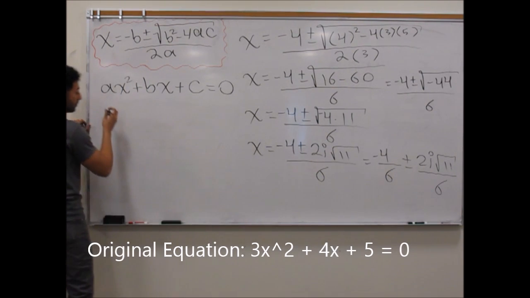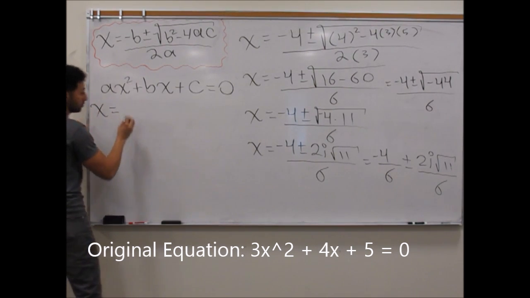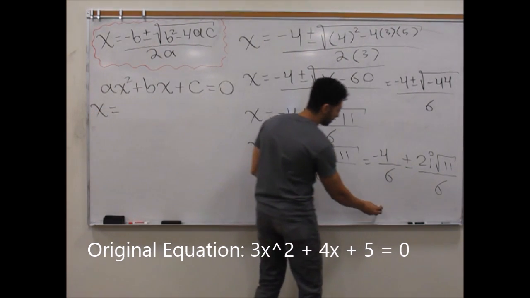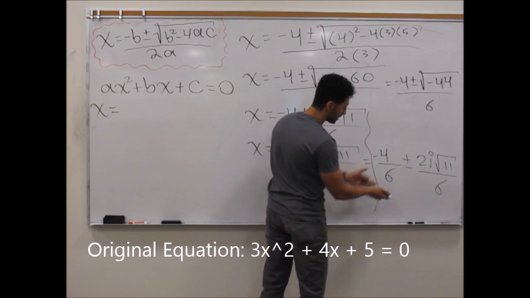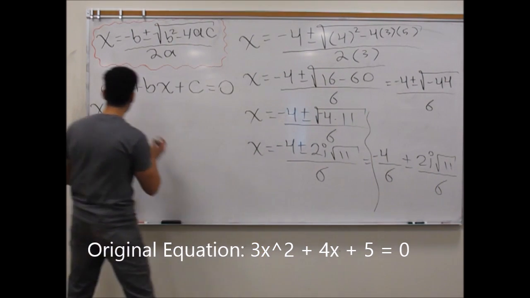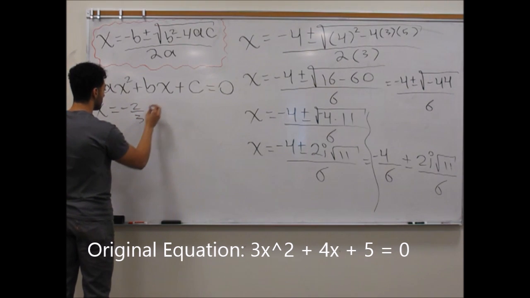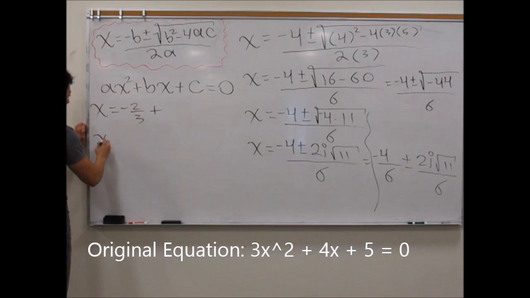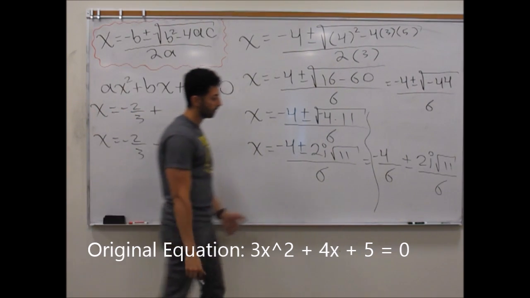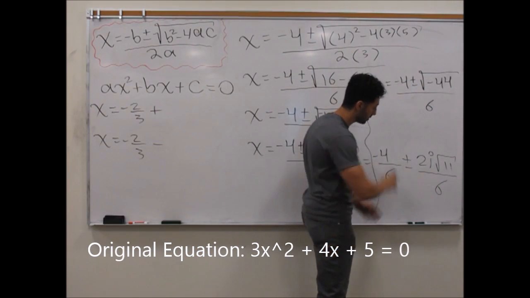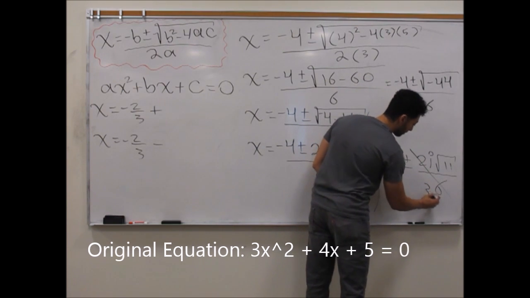So here we go. You got x is equal to, because our focus is on this now, right? So negative 4/6 is negative 2/3. So we got negative 2/3 plus something, and we got negative 2/3 minus something. And then notice that the 2 and the 6, you just get a 3 on the bottom.